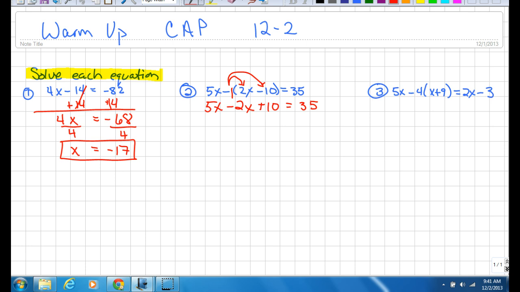Now, what can I put together here? Well, I can put together the 5x and the 2x, right? So I'll have 3x plus 10 equals 35.